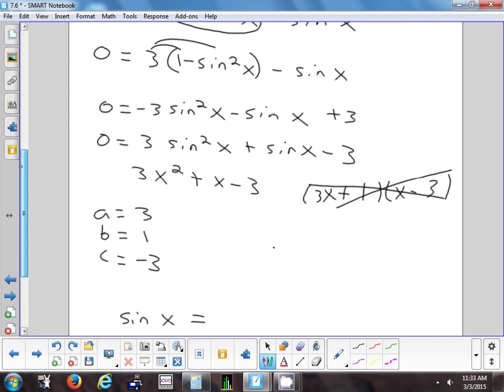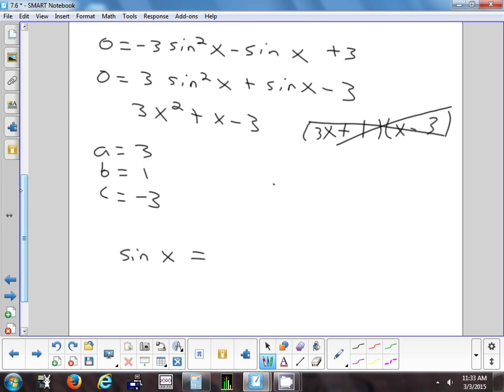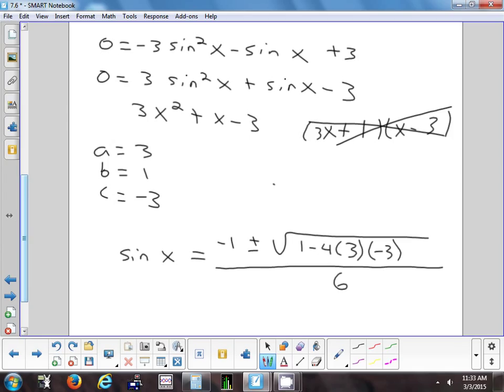So sine x equals negative b plus or minus the square root of b squared minus 4ac all over 2a. Now we have minus a minus, so that becomes a plus. And we're going to get 4 times 3 is 12, times 3 is 36, plus 1 is 37.